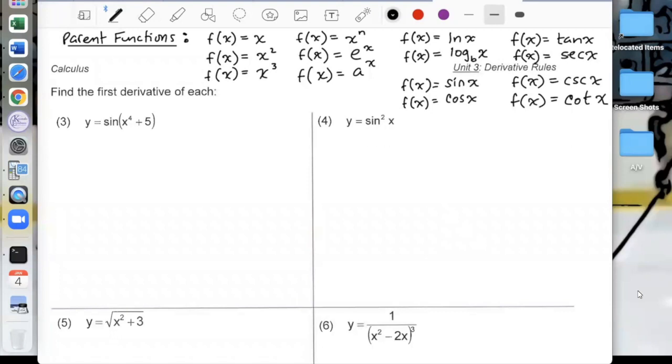One of the benefits of using parent functions is that they're the kind of functions we should know the derivative of. All right. So derivative of x, x squared, x cubed, x to the nth, that's all power rule. E to the x has a derivative of e to the x. A to the x is a to the x times the natural log of a.